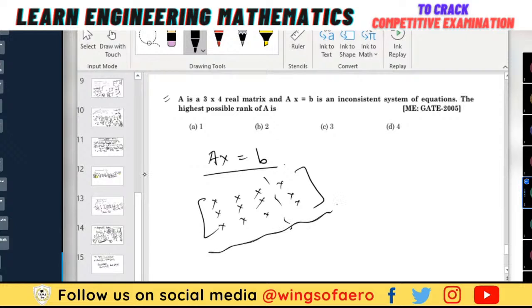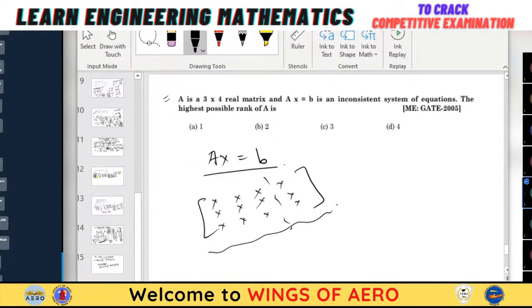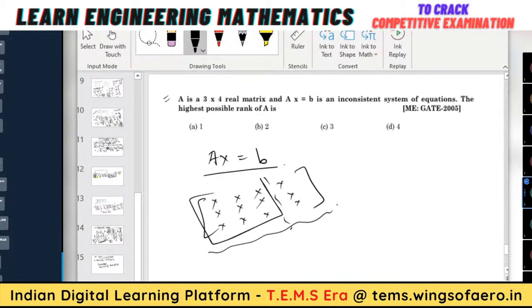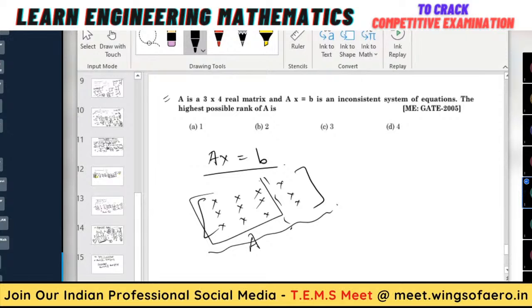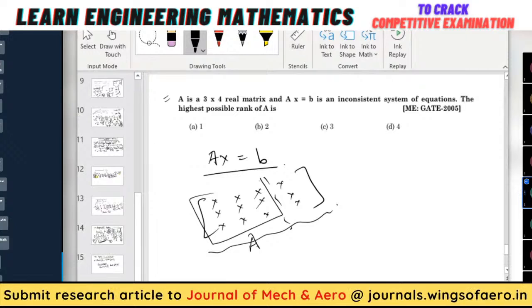The total matrix is the augmented matrix, and this matrix is the A matrix. Now suppose in any situation this rank will not match.